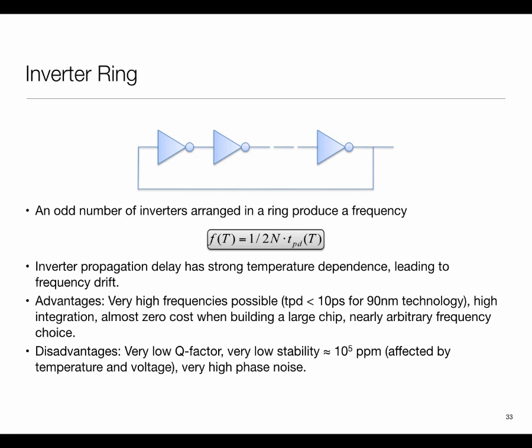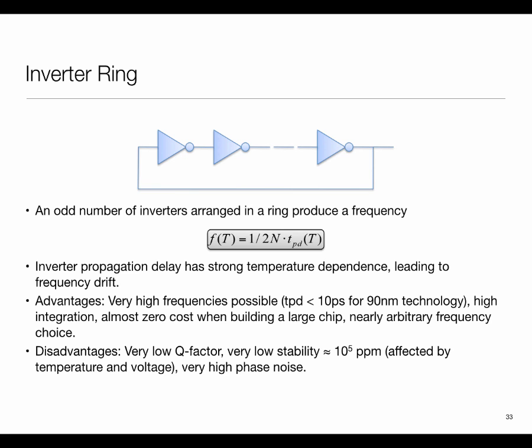The inverter ring is very commonly used because it's very easy to fabricate as part of your processor. It's basically an odd number of inverters arranged in a loop, and so you can define the frequency in terms of the delays through these inverters.